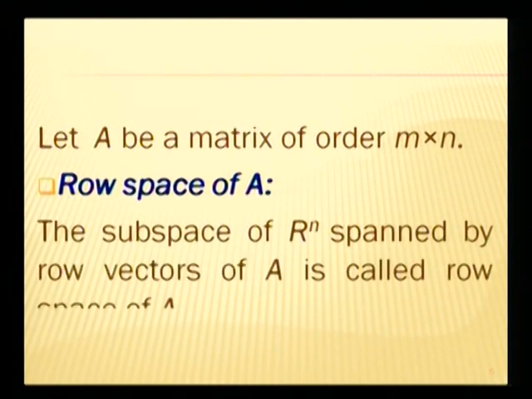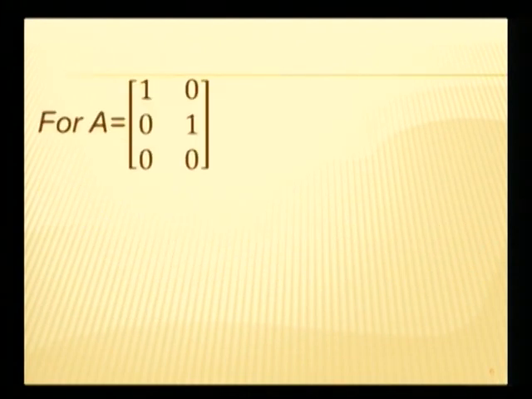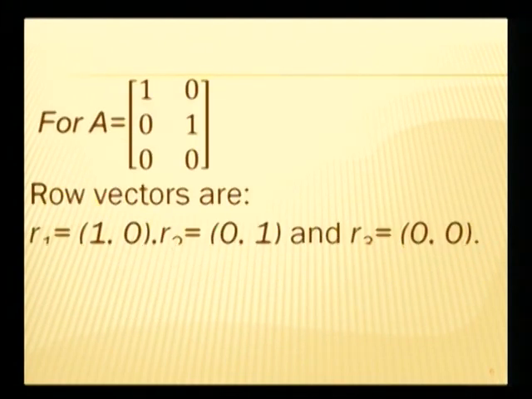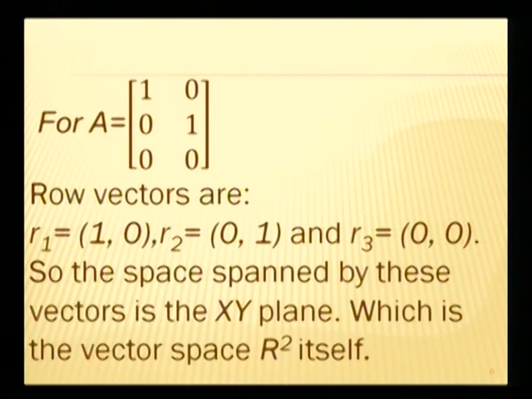Now what is called row space of A? Again, let A be a matrix with m rows and n columns. Then the subspace of R^n spanned by row vectors of A is called row space of A. Again, for the same matrix, let us find what is row space.